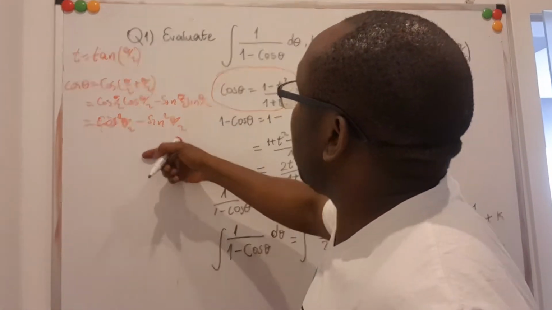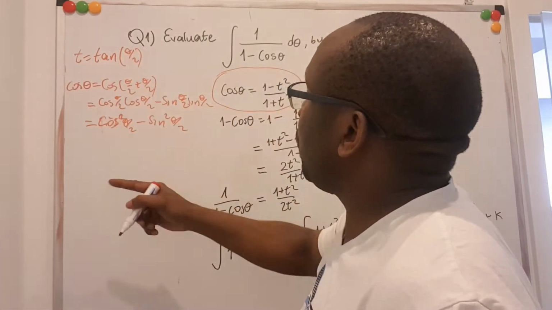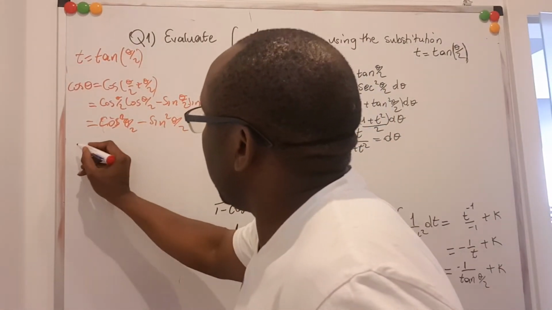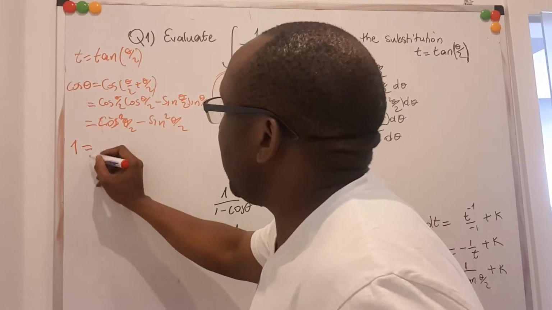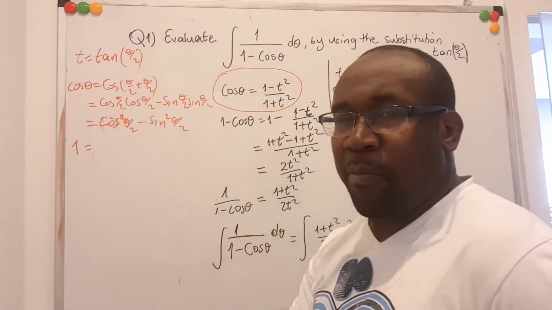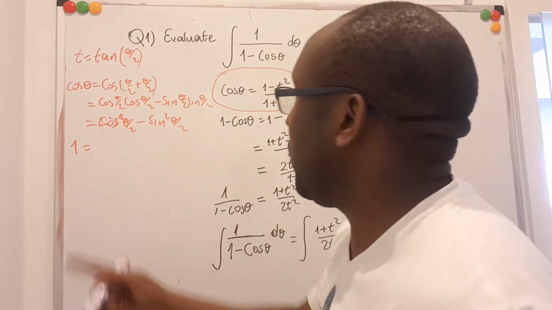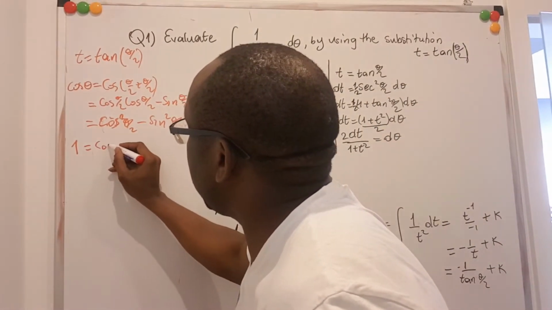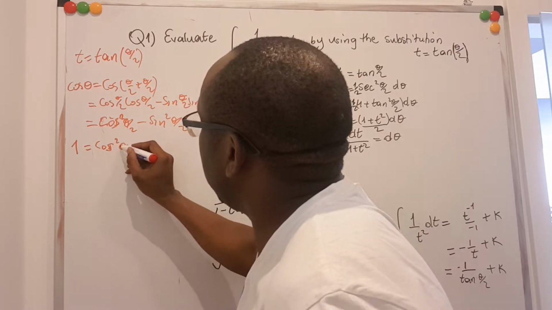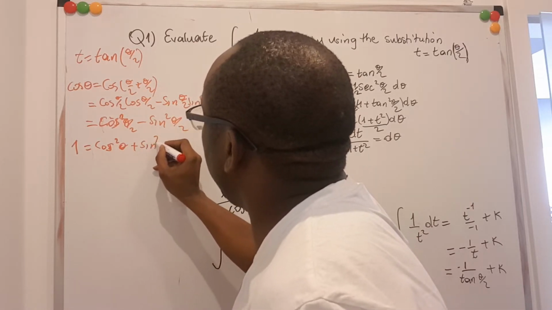Of course, this is not yet in the right form. The only thing I can use is tan(theta/2), so I try to force tan(theta/2) here. Luckily for us, 1 can be written in different ways. That's why mathematics is beautiful. So as you get into a salon, you come back each day as a different person, but you are the same one. So 1 can be written with the standard trigonometric identity, cos squared theta plus sine squared theta.